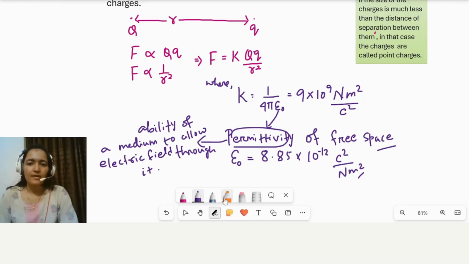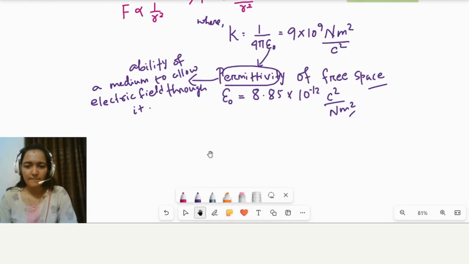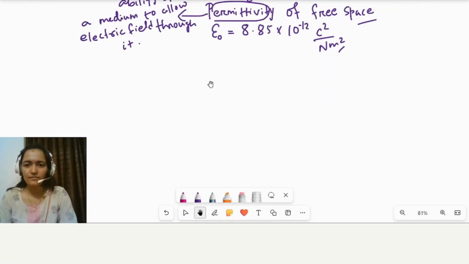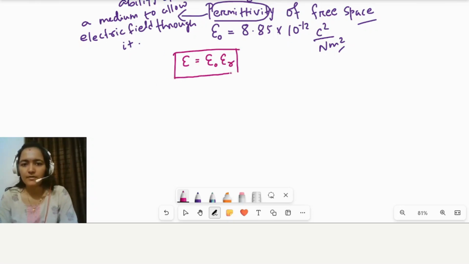Okay, and there is another thing also. Just remember this epsilon naught, permittivity. Remember this relation, okay: epsilon is equal to epsilon naught into epsilon r.